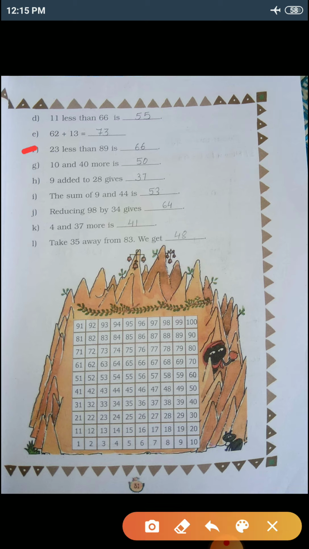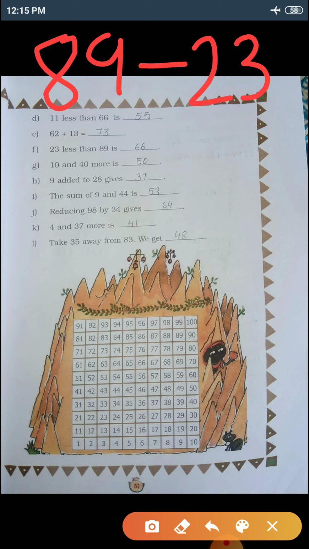Now we are going to solve question number F, that is 23 less than 89. So which one is the bigger number? 89. So I will write 89 first, then less than means subtraction, 23. 89 minus 23.